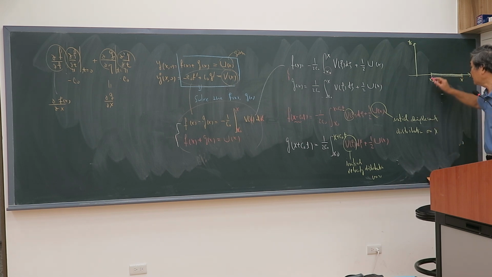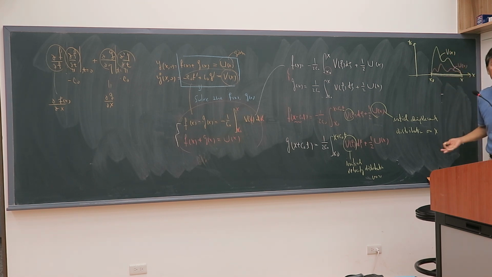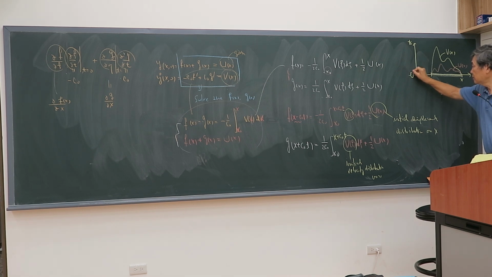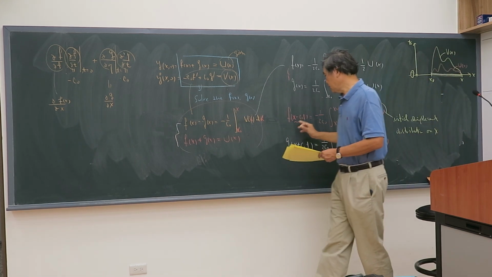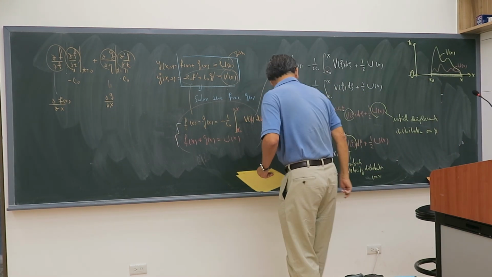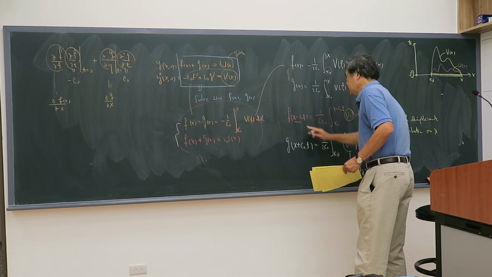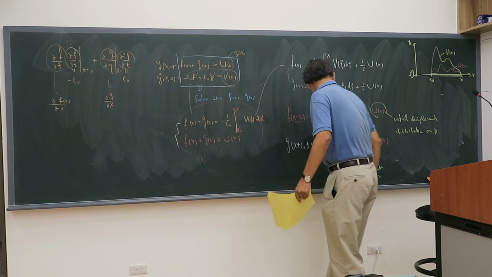So I may have this u(x) as an initial displacement, or I may have v(x) as an initial velocity distributed at t equal to 0. Okay? Yeah. So we see what happened. So this is F and G. So my solution is a superposition of these two.